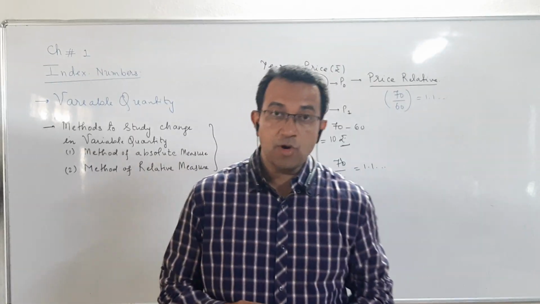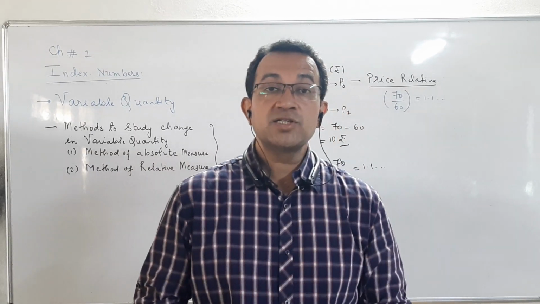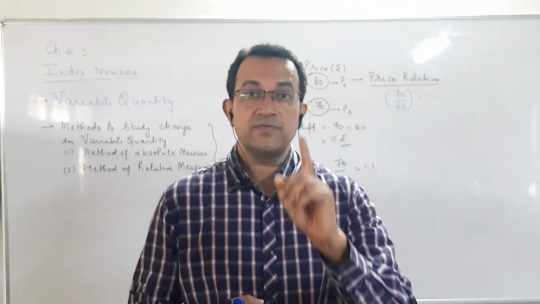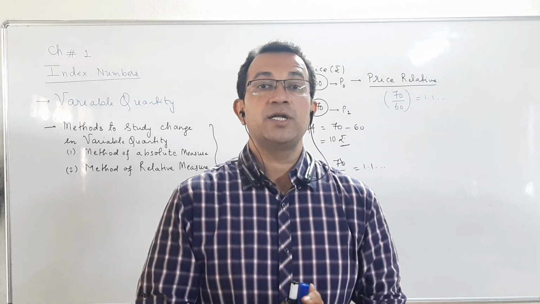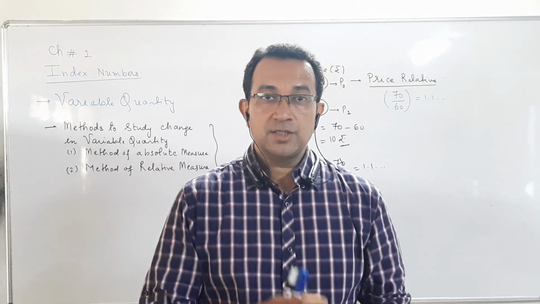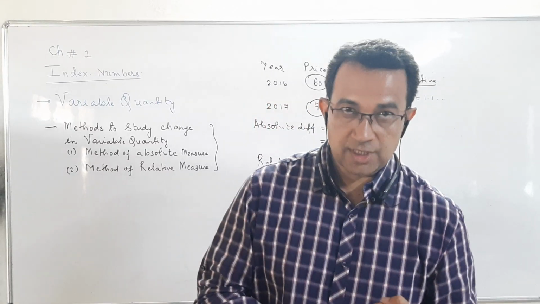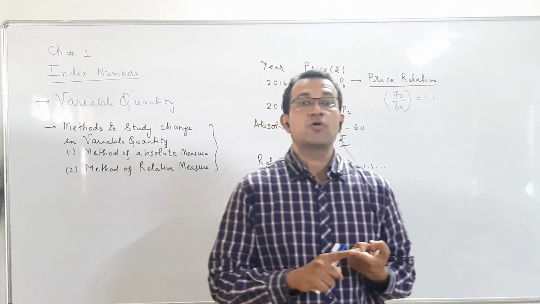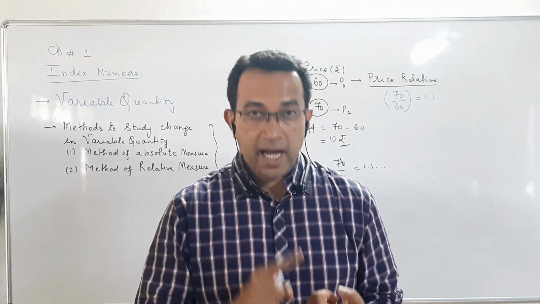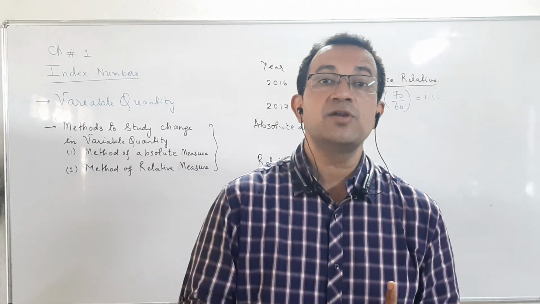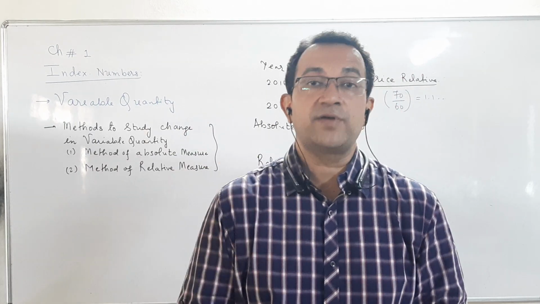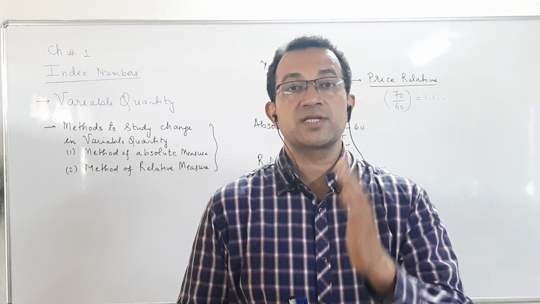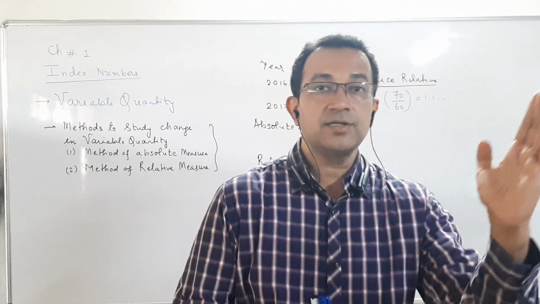Students, this is a bit odd to understand. Percentage change: whenever I say percentage change, the ratio is multiplied by 100. The percentage change in the value of a variable quantity associated with an item for a given period of time compared to its value in the fixed period of time is called, students, an index number.